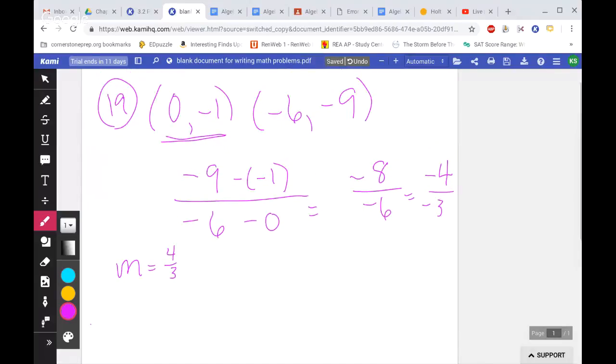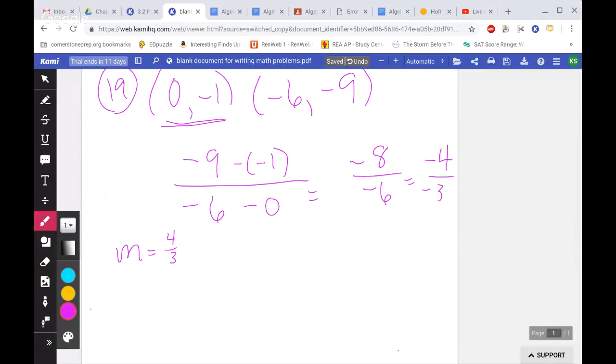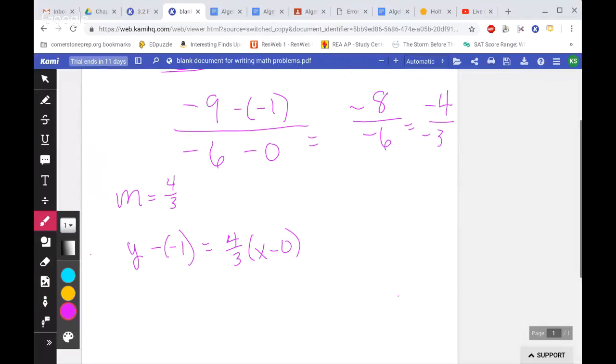Okay, so now I'm going to pick a point to put in for the point slope form, my apologies. y minus a -1 equals 4/3 times x minus 0. y plus 1 equals 4/3 x.